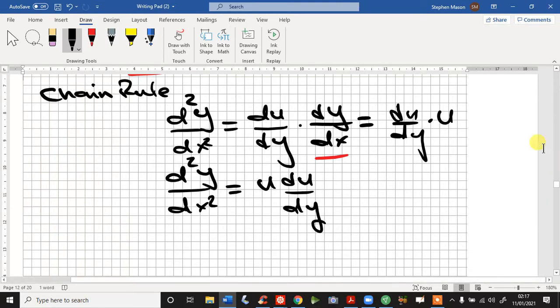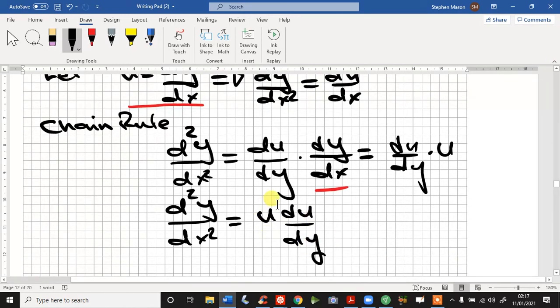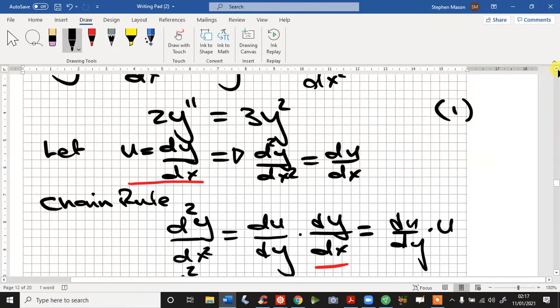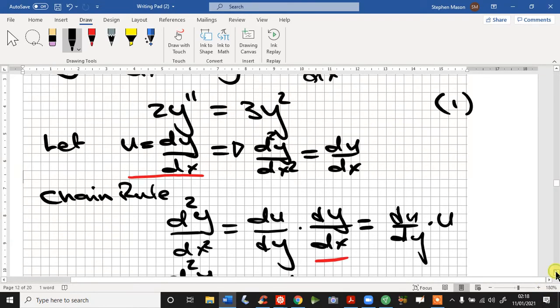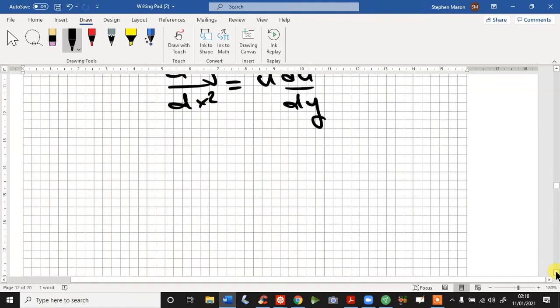So we can now substitute u du by dy into equation 1, so that we get 2u du by dy equal to 3y squared.